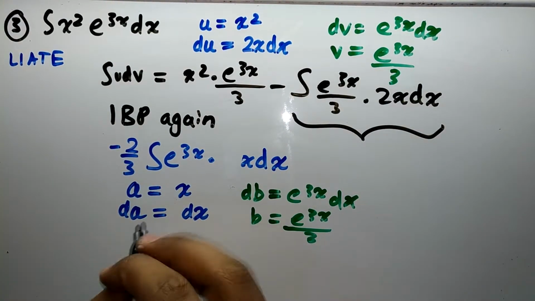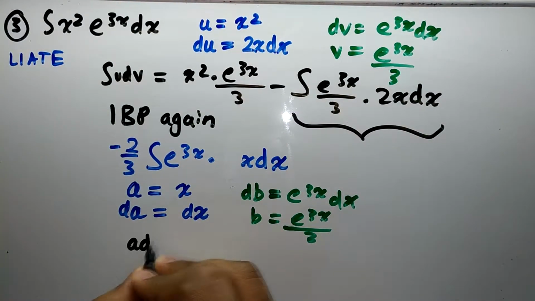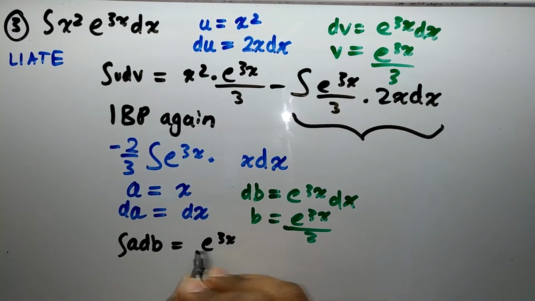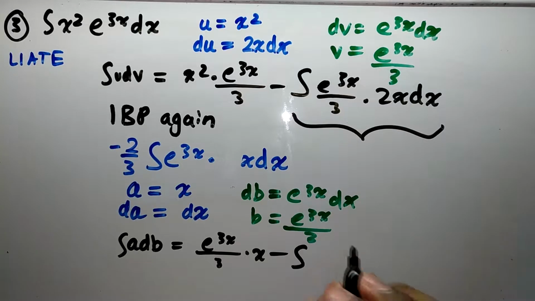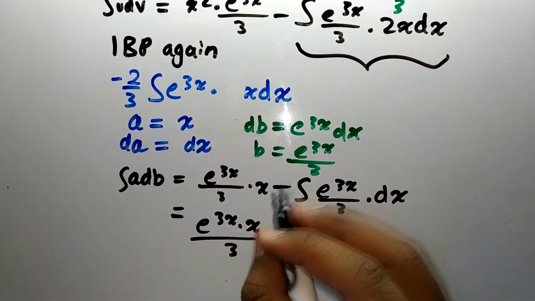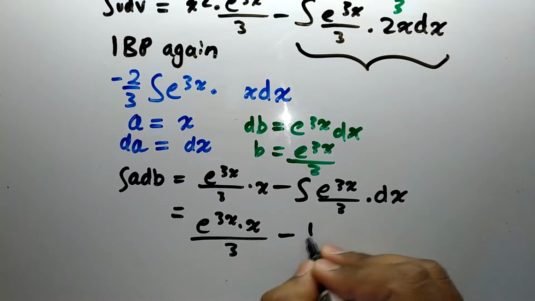So then you use the integration by parts formula again to get a times b, which is x times e to the 3x over 3, minus the integral of b times da, and then you just get e to the 3x over 3 in the integral, and you can do this by inspection.